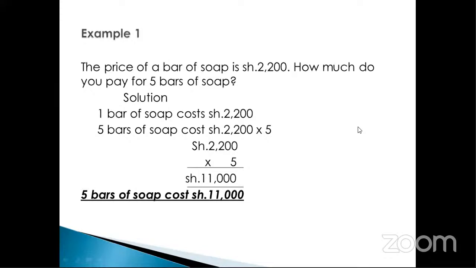Before we go to the second number, I want us to be very sure that we have understood this one. Okay, so I think the second number is going to answer your question now.